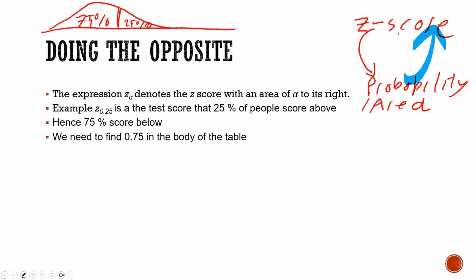How do I go from an area to a z-score? I have my curve, and I'm telling you this is how I want it split up. Where do I place my vertical line? That's a totally different question, but a similar one. But you have to be able to notice what you're asking. So that is kind of the inverse process.